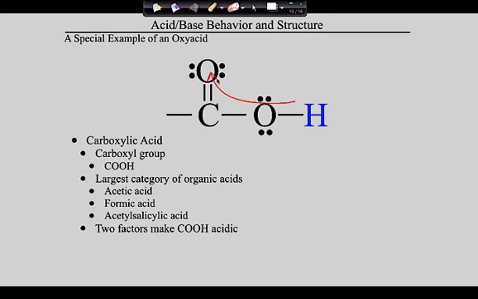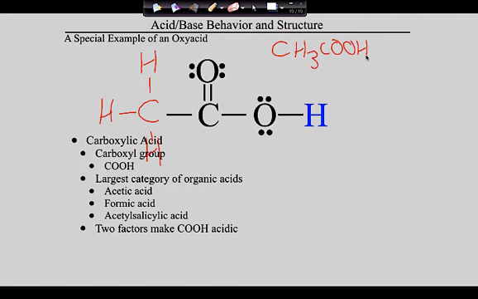You ready for the other one? Do this. Draw this in your notes. Draw the Lewis dot structure for acetate ion in your notes. Do it right now. Hold on. Do you understand why I'm having you do acetate ion? Put this together. What I've done is I've put a CH3 COOH. So that's acetic acid, right? CH3COOH is acetic acid. So why am I having you do acetate ion? Take off the hydrogen and what's left is acetate ion.